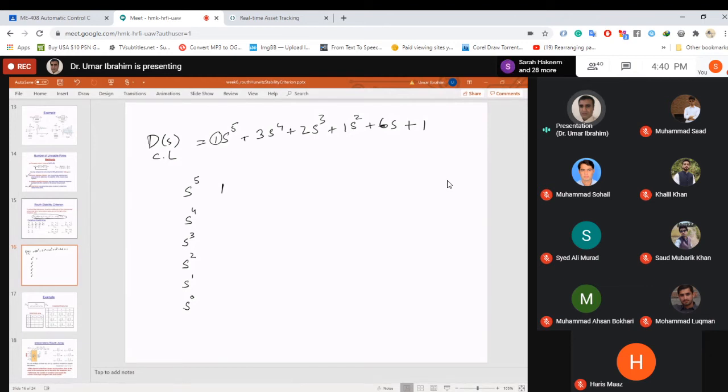So we write the first odd coefficient 1, the second odd coefficient 2, the third odd, the s raised to the power 1 coefficient, which is 6, and we will consider this as 0, which will be considered as even. Okay? Now, the first even is 3, the second even is 1, and the third even is also 1.